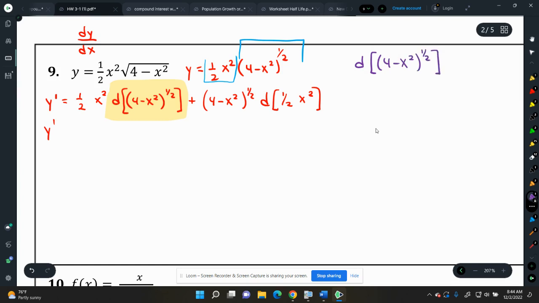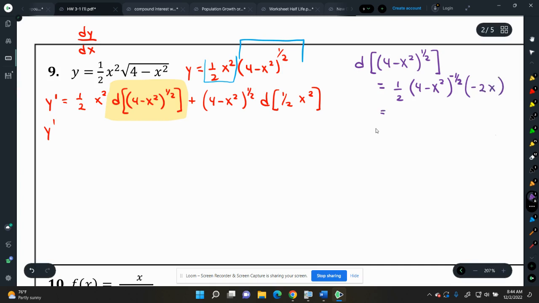So how do you want to approach this? Outside, inside for this one? This is an easier one for outside, inside. So outside, we're going to do 1/2 times 4 minus x squared, so we didn't touch what's inside, to the negative 1/2. That's the outside. Now we have to do the derivative of the inside, so it's negative 2x.